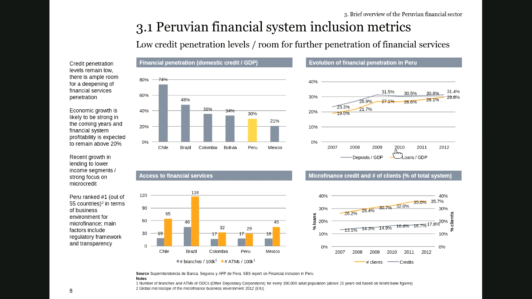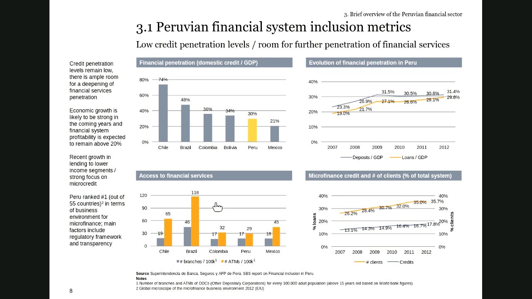Okay, then a focus on the financial system in the country. So what is the financial penetration in Peru compared to other countries in the region? What is the evolution of this penetration in terms of loans over GDP and deposits over GDP, which are the two main metrics in the financial system?